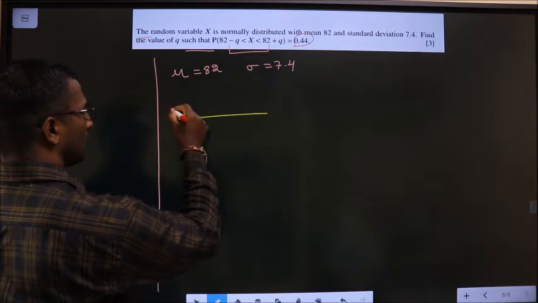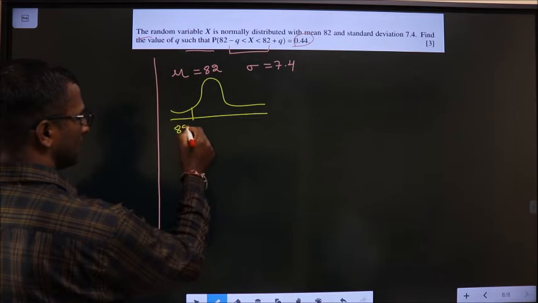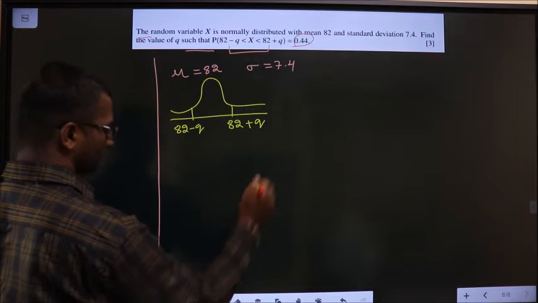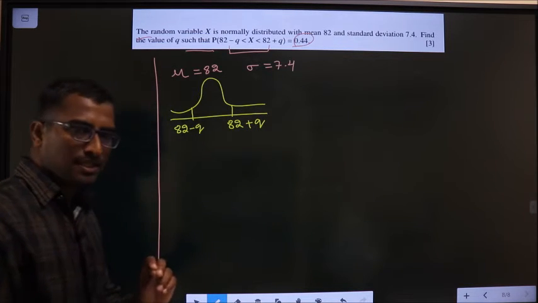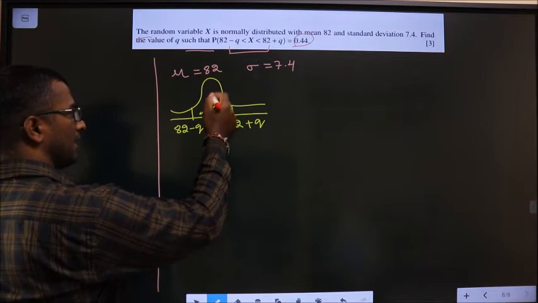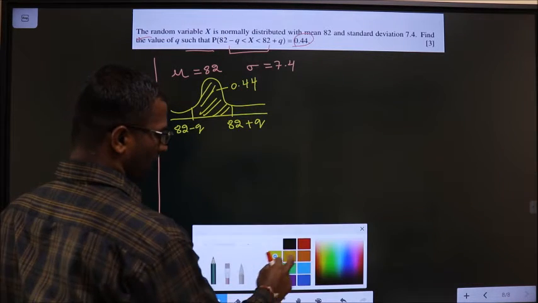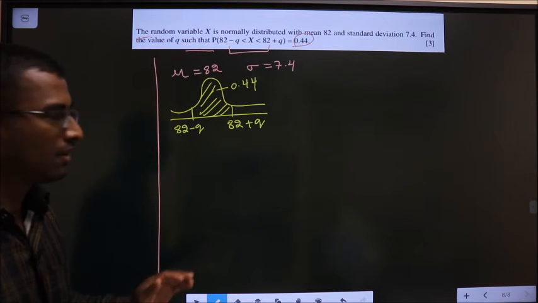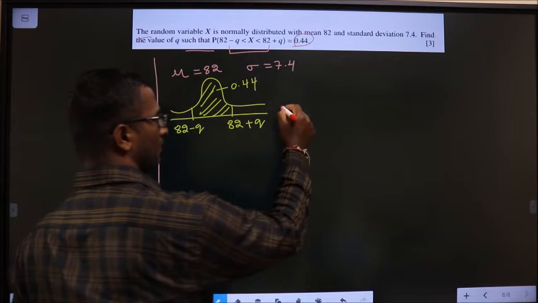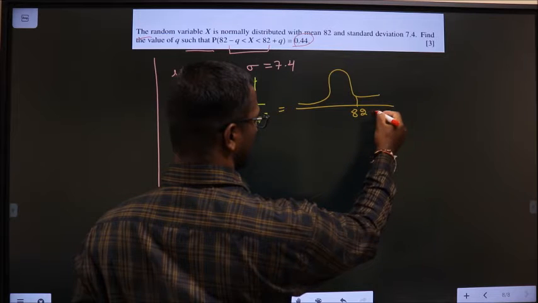Now let us say this is the normal distribution curve, and 82 minus q is here, and here it is 82 plus q. Probability is nothing but area under the curve. So this area is given to us to be 0.44. Clear? Now how do I get this area? First I find the entire left side of 82 plus q.